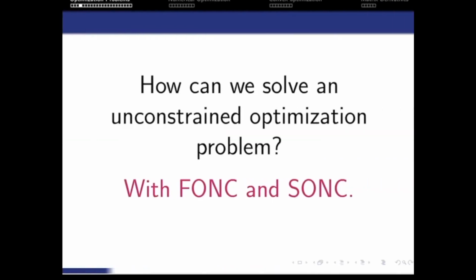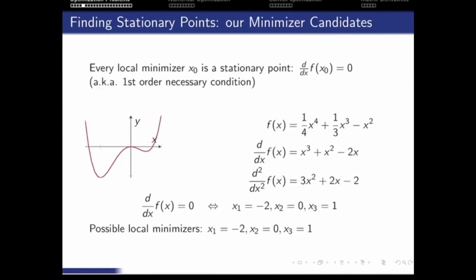Okay. How can we now solve an unconstrained optimization problem? We do that, as you probably know from school, with the first order necessary condition and the second order necessary condition. What you have probably done in school is to just set your gradient equal to 0 to find the minimizer candidates. Why did you do that? Because every local minimizer also has to be a stationary point. Stationary point means that the gradient is 0, so if you look here at the function, at these local minima we actually have a derivative which is equal to 0.